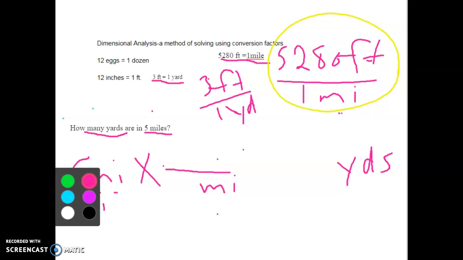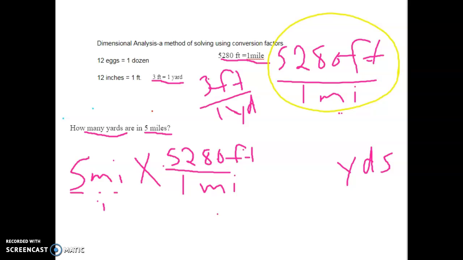So I'm going to put feet on top, 5,280 feet in 1 mile. Now, if I stopped right here, miles would cancel out, and I'm left with feet.